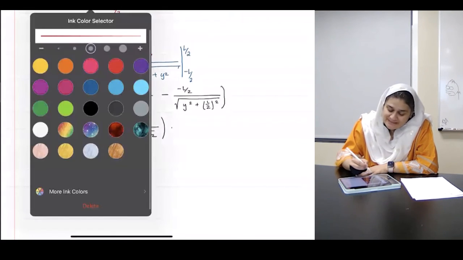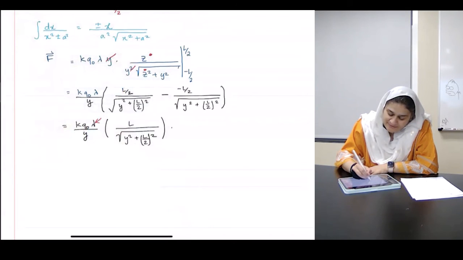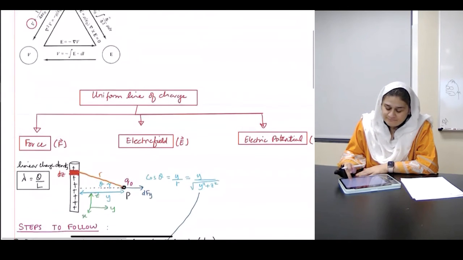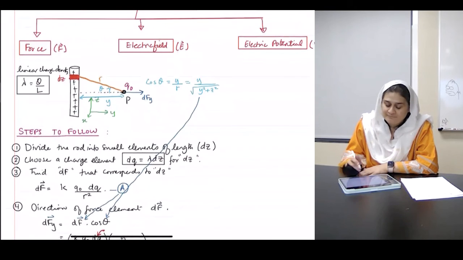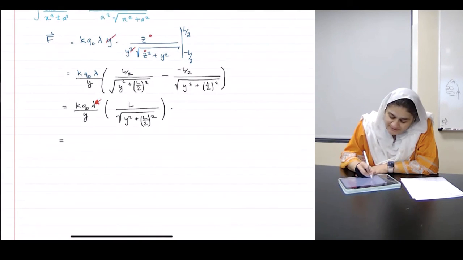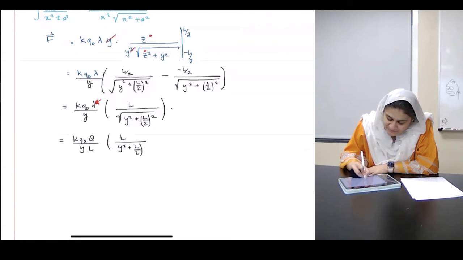I'm going to replace this value again. What was lambda? Q over L? Replacing, replacing, replacing. What do I get? k q0 Q over y L times L over the square root of y squared plus L over 2 squared.